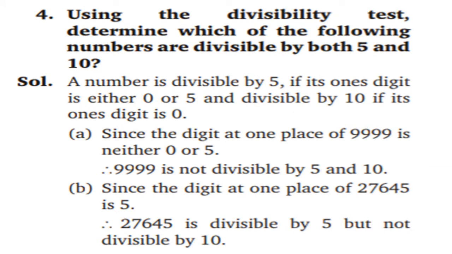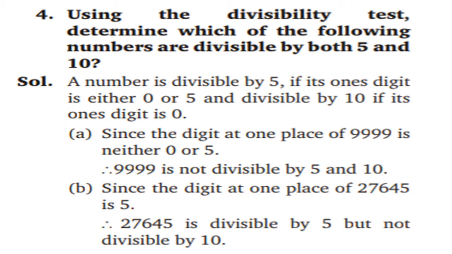Now question number 4, using the divisibility test determine which of the following numbers are divisible by both 5 and 10. So a number is divisible by 5 if its one's digit is either 0 or 5, and divisible by 10 if its one's digit is 0. So A part is 9999.